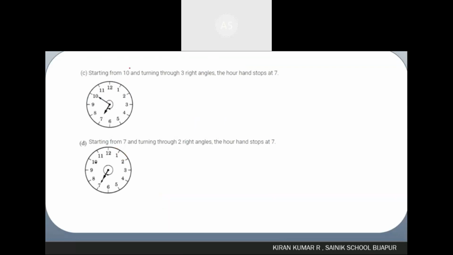When starting from 10 and turning through 3 right angles, the hour hand stops at 7. Three right angles always refers to 3 multiplied by 90 degrees, which will be 270 degrees. When it is making 2 right angles, it forms 180 degrees.